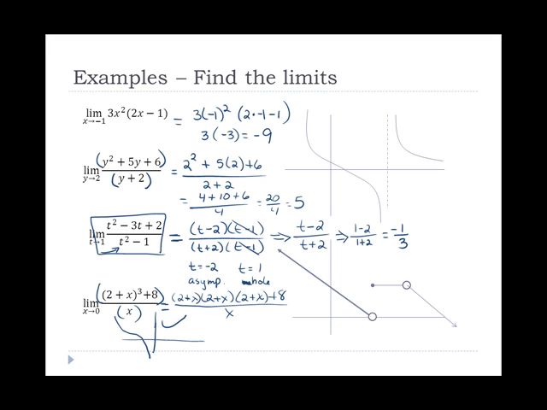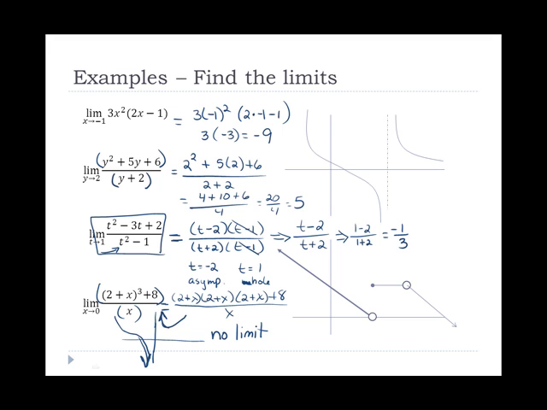And so what's happening is we've got this going to negative infinity and this going to positive infinity at x equals 0. So we do not have a limit here because we have a vertical asymptote.